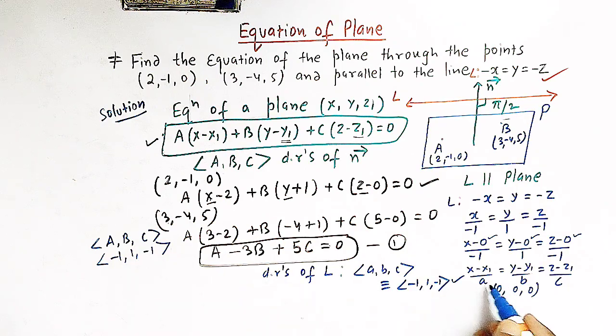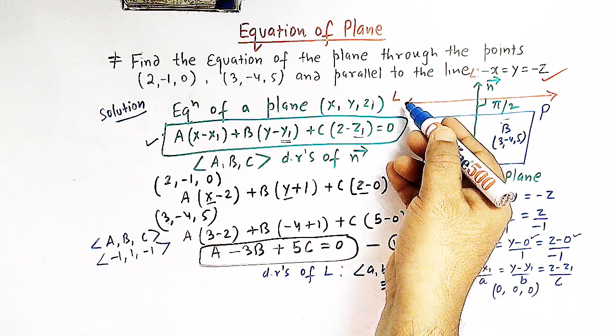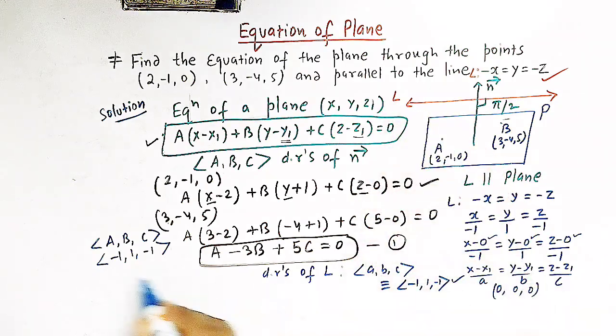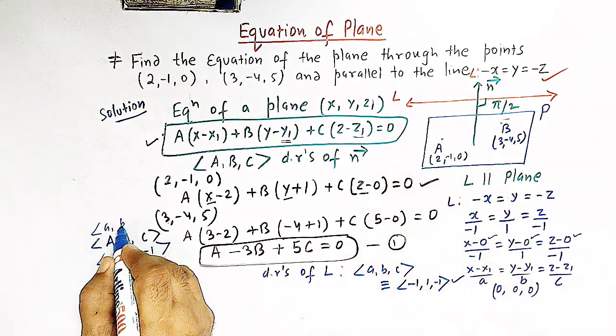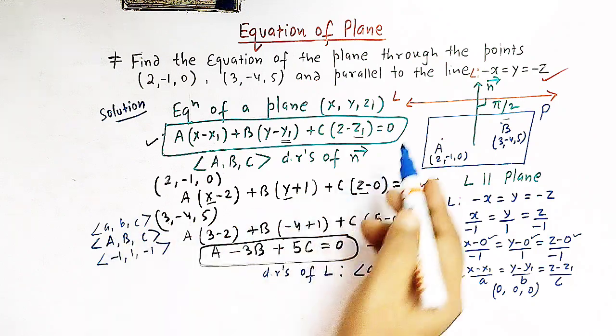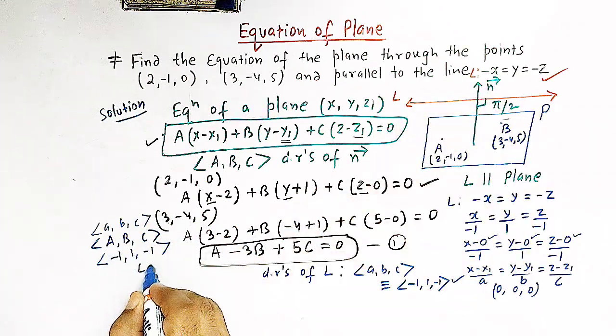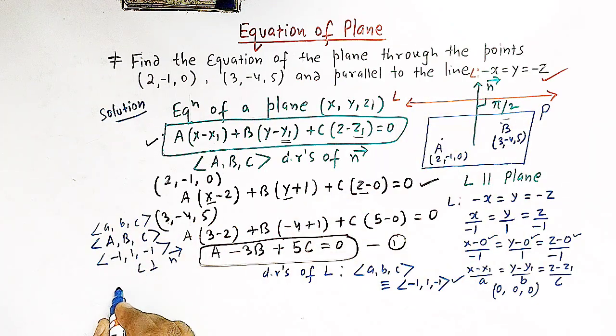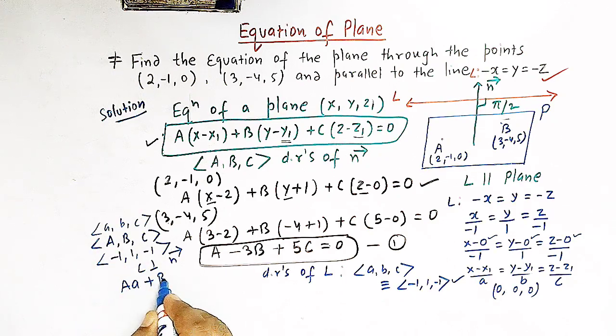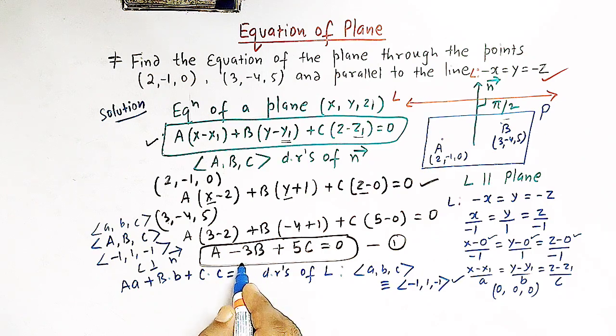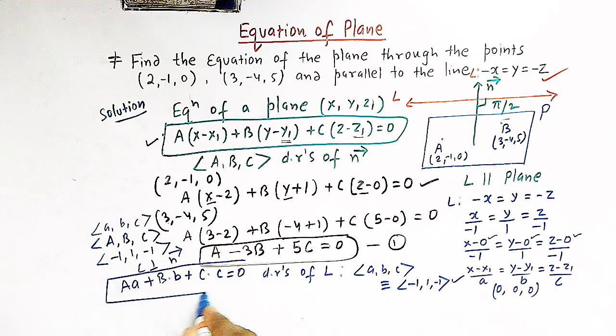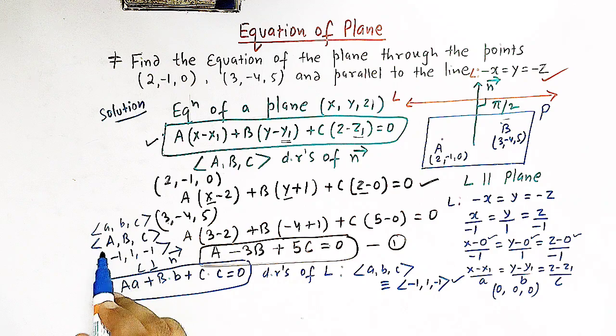So here if we take the direction ratios of the line L as a, b, c, then L is perpendicular to the normal vector, so we must have A times a plus B times b and C times c is equal to 0. So this is the condition for the perpendicularity of two vectors, right?